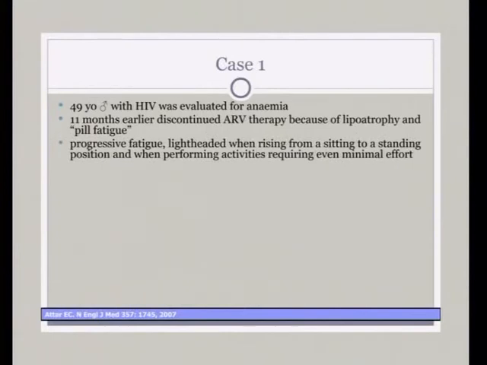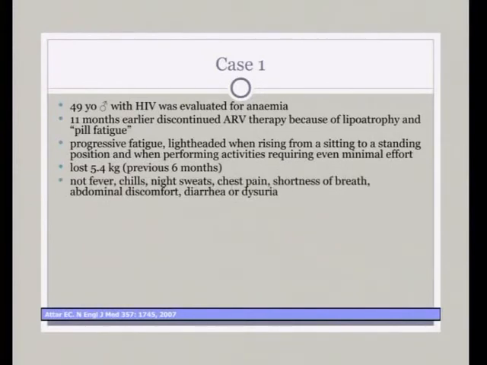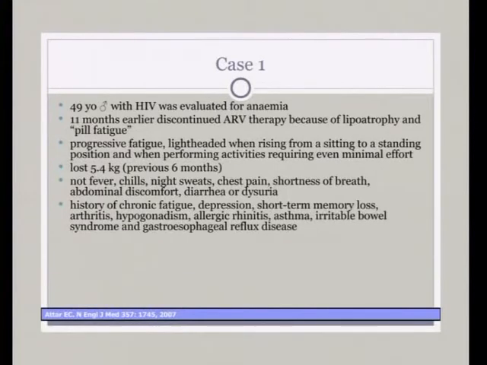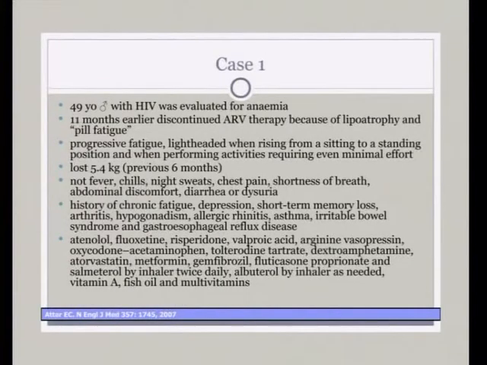He's lightheaded when rising from sitting to standing, cannot perform the activities of normal life, lost 5.4 kilograms in the previous 6 months, no fever, no chills, night sweats, chest pain, none of these, no diarrhea, no dysuria, but a history of chronic fatigue, depression, short-term memory loss, arthritis, hypogonadism, allergic rhinitis, asthma, irritable bowel syndrome, and gastroesophageal reflux disease, on all of these types of medication. So a whole list, including valproic acid.